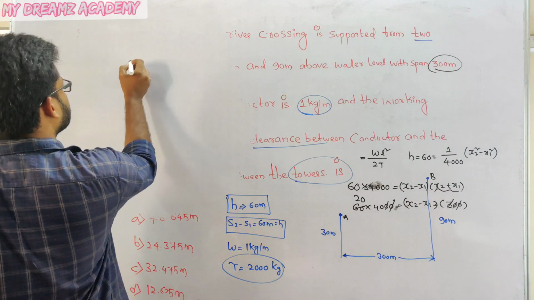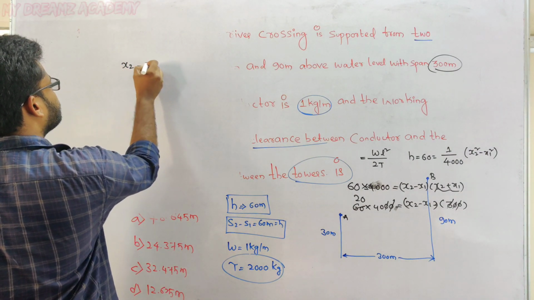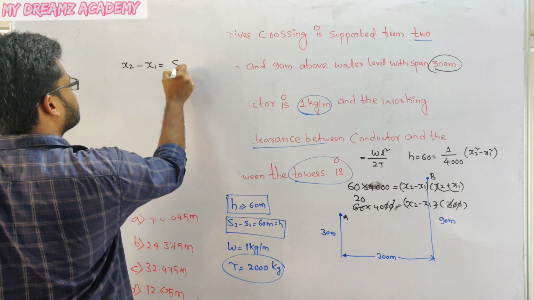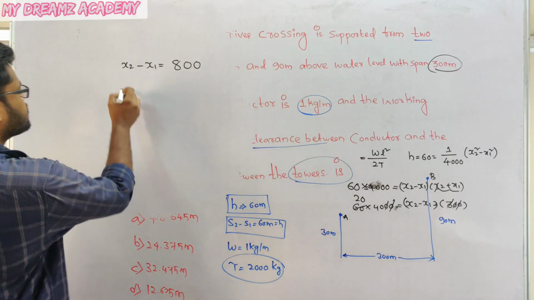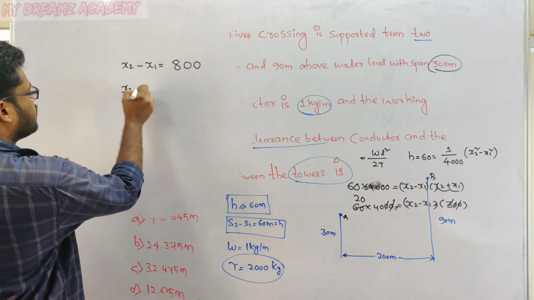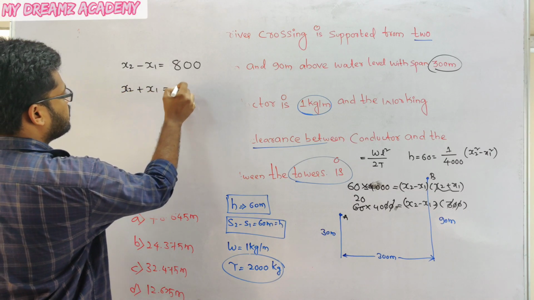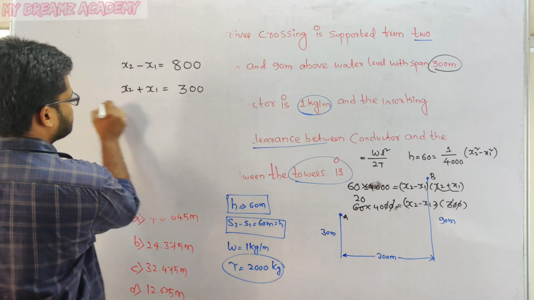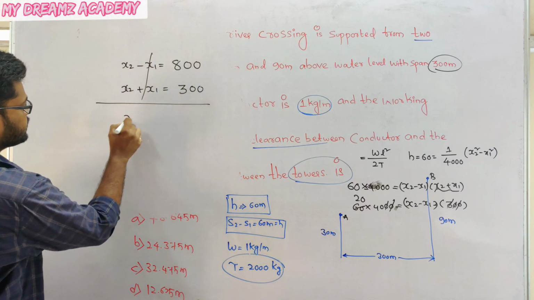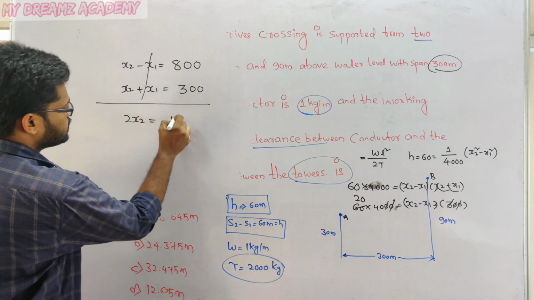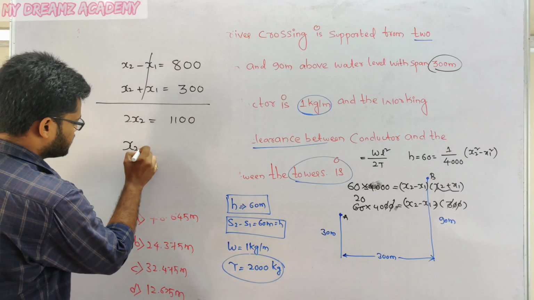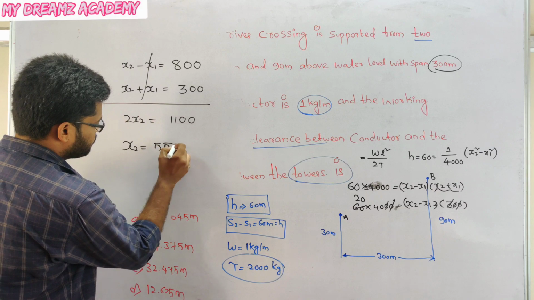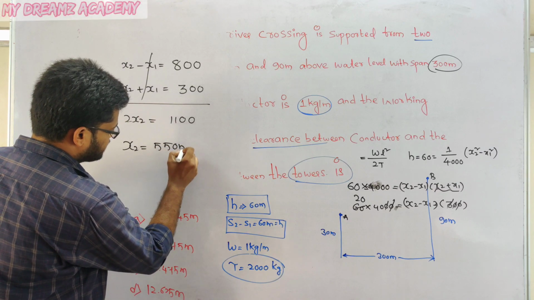x2 minus x1 is equal to 800. Already I know that x2 plus x1 will give 300 meters. So 2x2 is equal to 1100 meters, and x2 is equal to 550 meters.